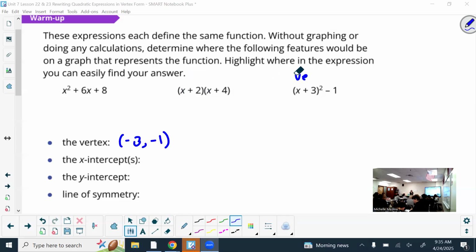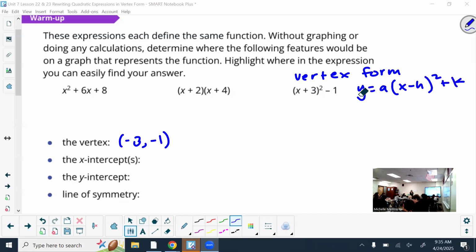So the one that is in vertex form, you can easily see the vertex from, right? And I don't provide you the formula for vertex form on your test. You should have had it memorized on the last test.